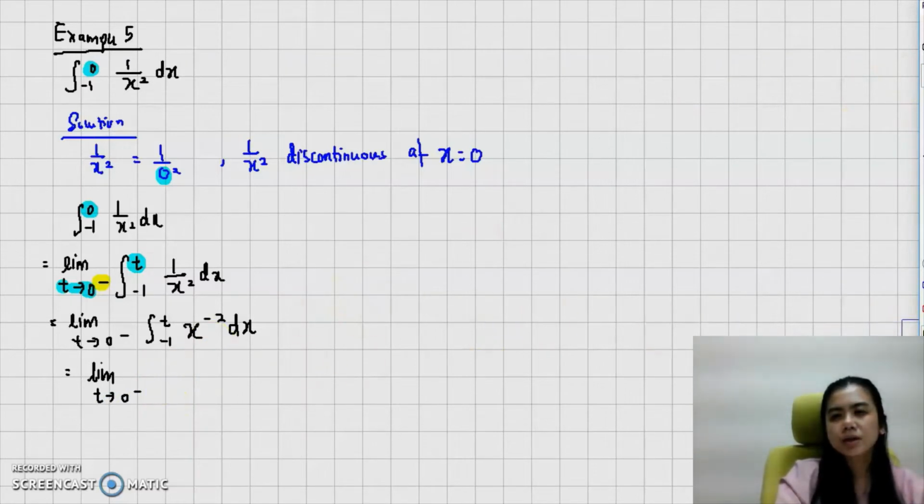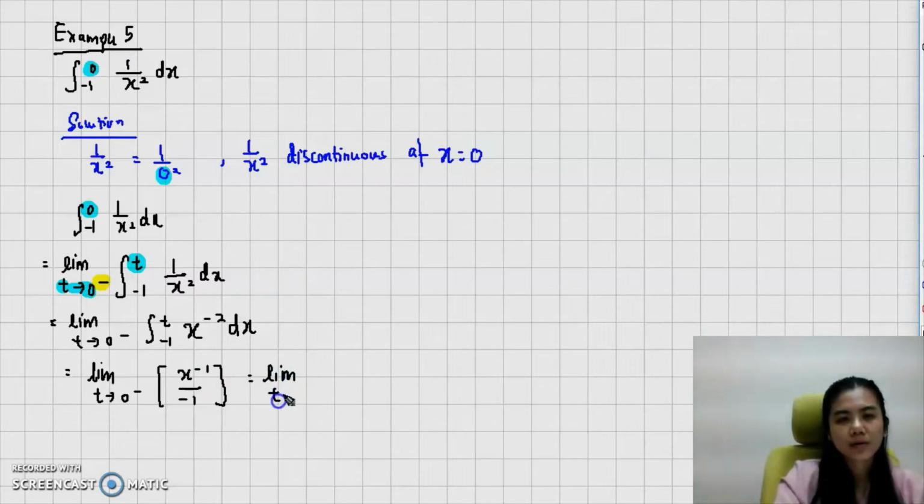You integrate x to the power of -2, so we have x to the power of -1 over minus 1. Simplify it, so this is negative 1 over x. I write back the t and minus 1.